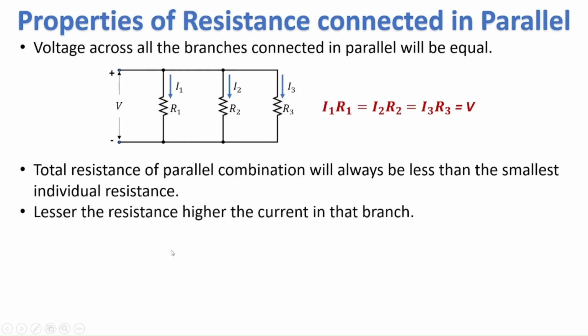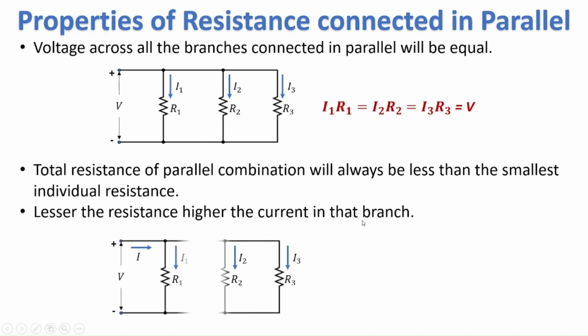Now the third property says the lesser the resistance, the higher the current in the branch. So in the same circuit, if R1 is the lowest resistance, it will definitely have the highest value of current in it. So lesser the resistance, higher the current.